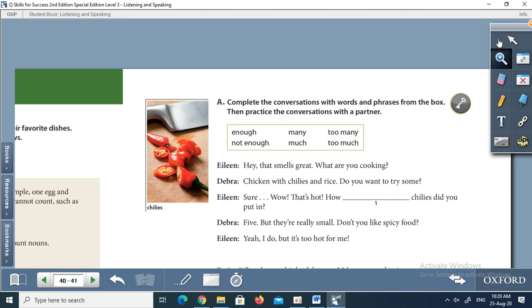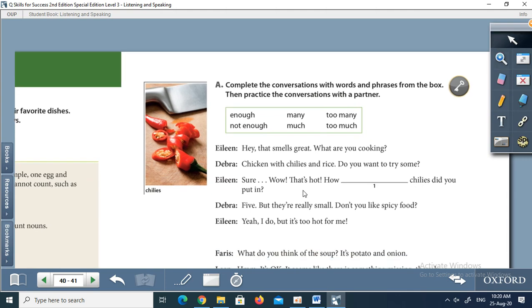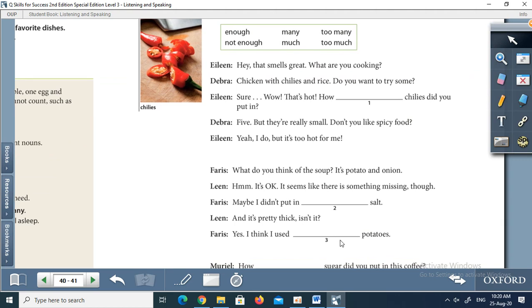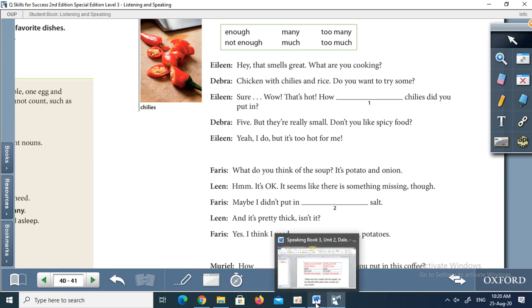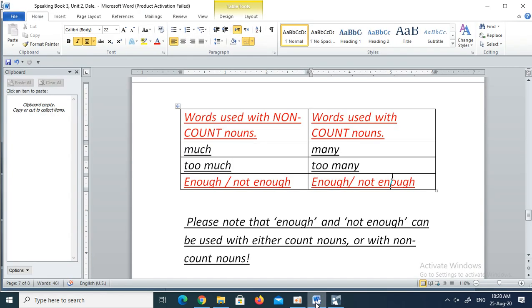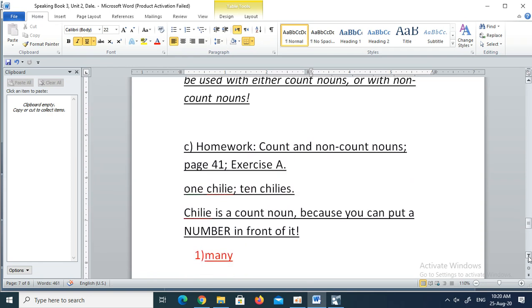When you have filled in all 6 options, I want you to take a photograph of this page and send it to your speaking teacher as an attachment to the email. All right.